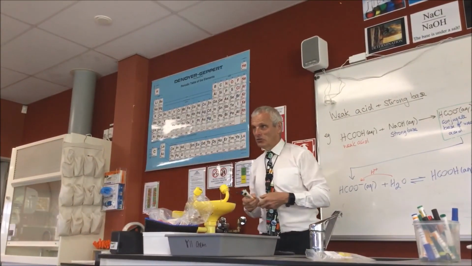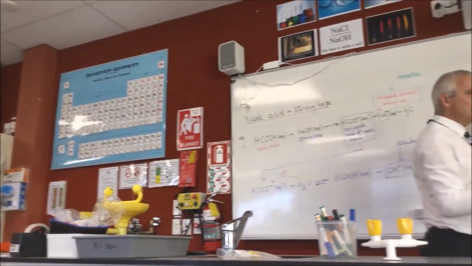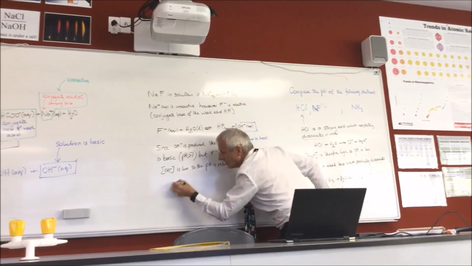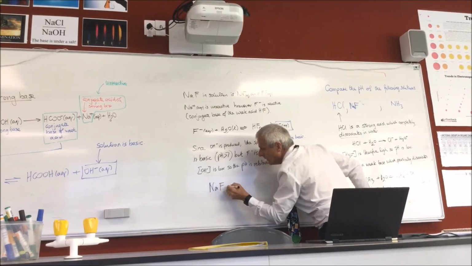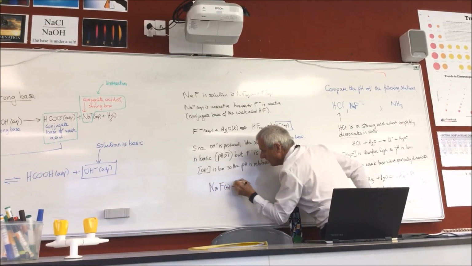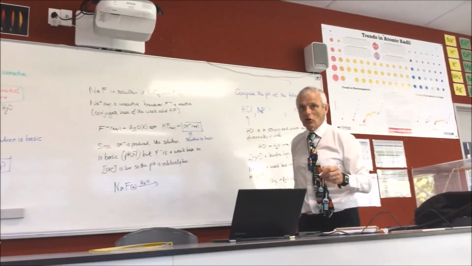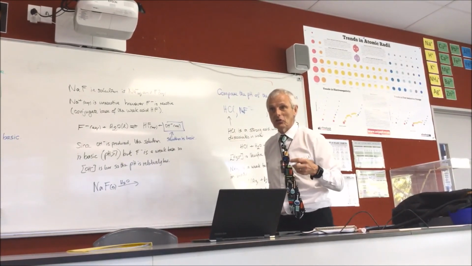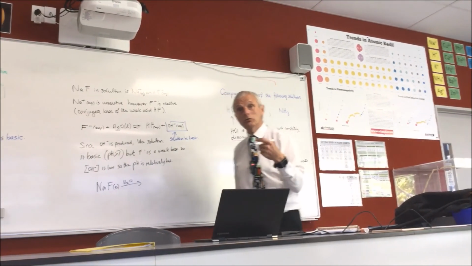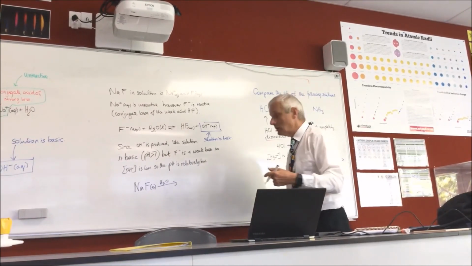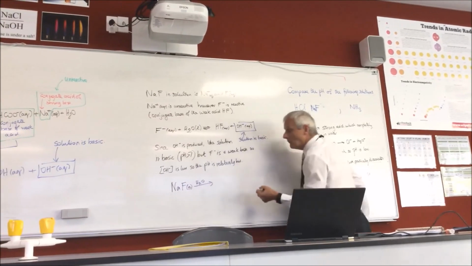Okay, when it says that, the reason is because you're starting with a solid, okay? So, NaF, any ionic compound, metal plus non-metal, you need to dissolve it up before it can be acidic or basic. Solids don't show acidity or basicity until they're in solution, because they can't donate or accept a proton until there's a water molecule around to make the thing acidic or basic, okay? So you need to dissolve it up first.